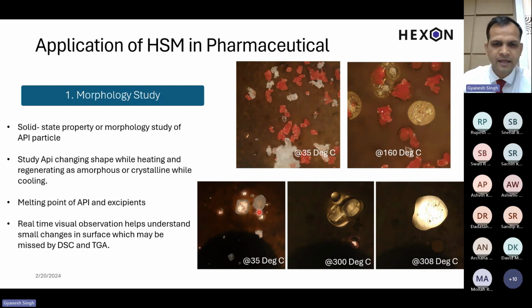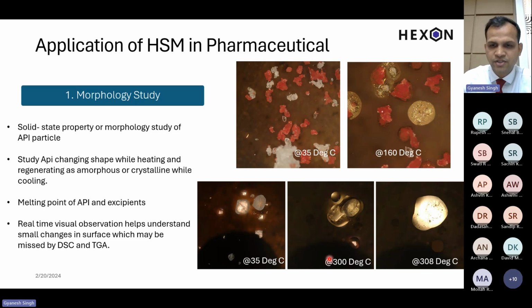Then this is the same crystal which we have shown you in the video. You can see at 35 degrees Celsius, we now see the shape of a particle clearly. It's a cuboidal shape. Some are quite bigger in size, some are smaller.